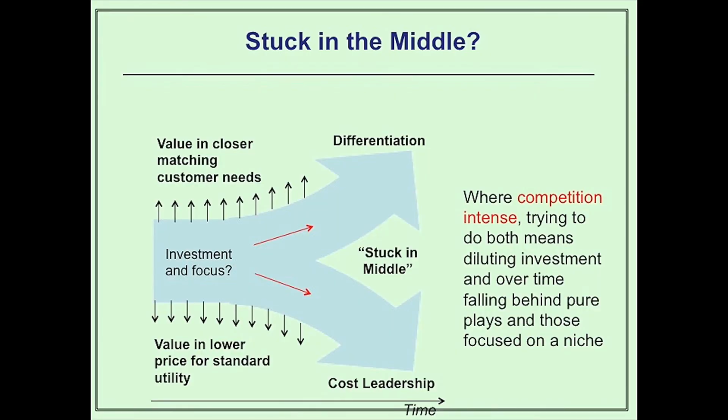And so you'll see the industry dividing into strategic groups. Firms that have not made a focus will end up what Porter describes as stuck in the middle. They have neither the quality that will appeal to some customers nor the low price that will appeal to others, and they see their customer base shrinking over time.